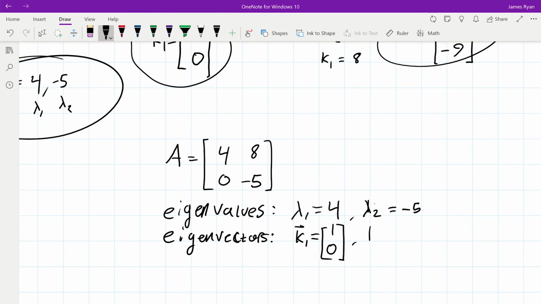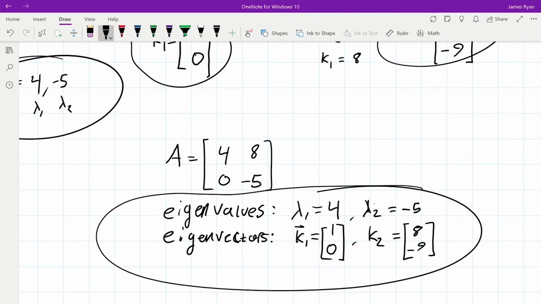And k2, which is associated with lambda equals negative 5, is 8, negative 9. And so we have found the eigenvalues and eigenvectors of A.